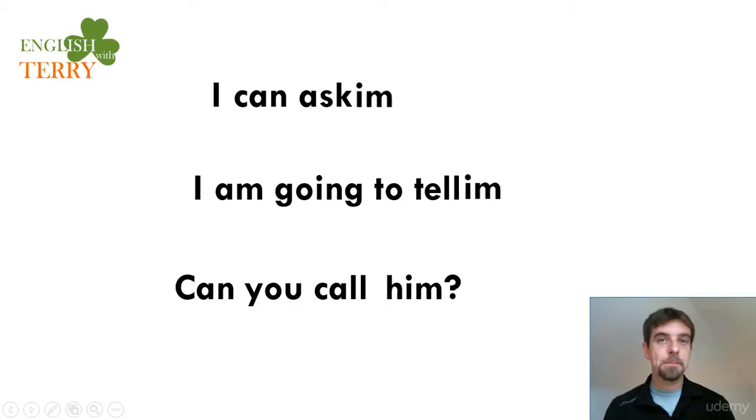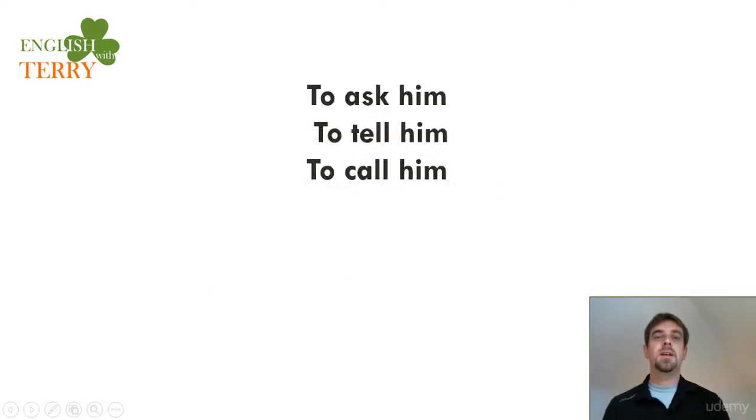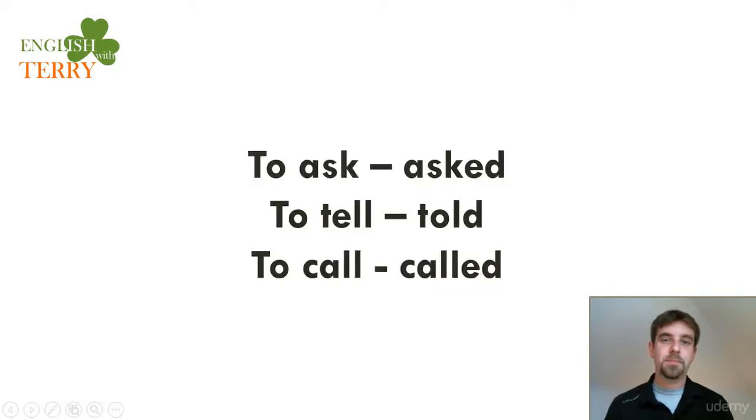Can you call him? Ask him, tell him, call him. Now, to ask him, to tell him, to call him, we never use "to" with these three verbs. We saw this in the last module, but it's always good to repeat and remember.